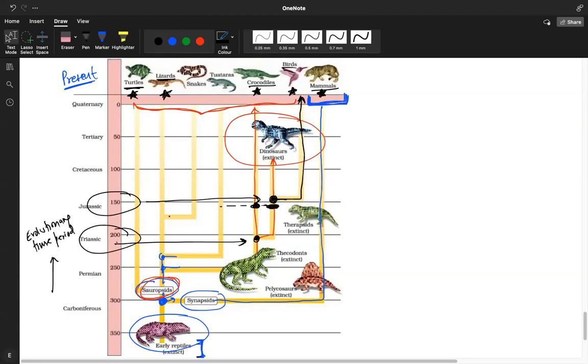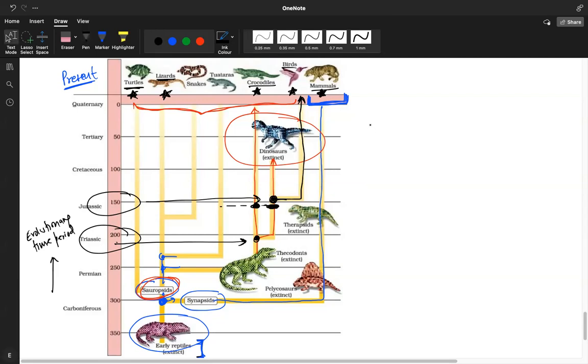So if a branching has happened very early, it means that they are distant now. But if the branching happens very late, like 50 million years or 100 million years ago, then they are closely related. So this is actually a neat question.